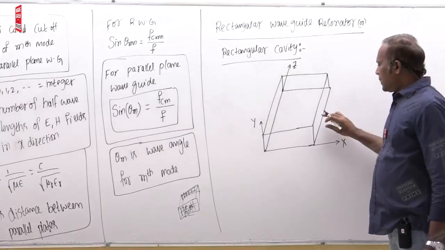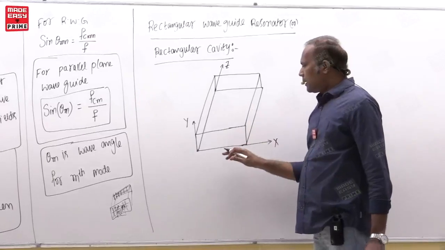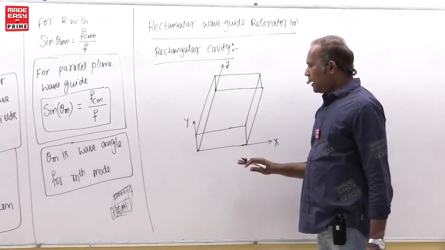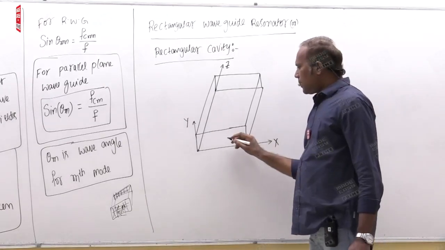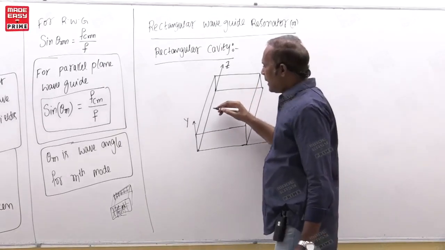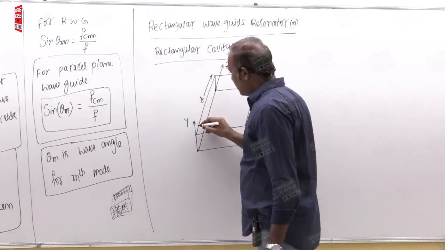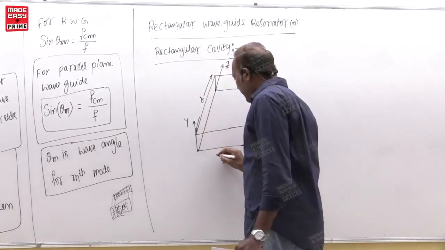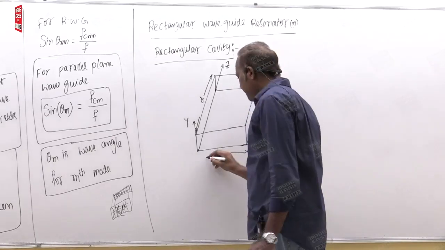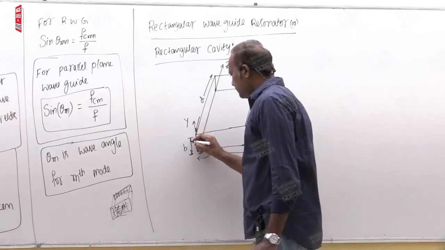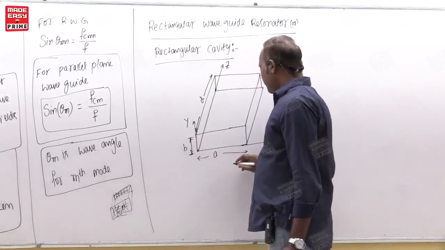Rectangular waveguide means this side conductor wall, bottom and top conductor walls are there. Now let us say this is d, this is d, and this is a, and this height is b, like this.